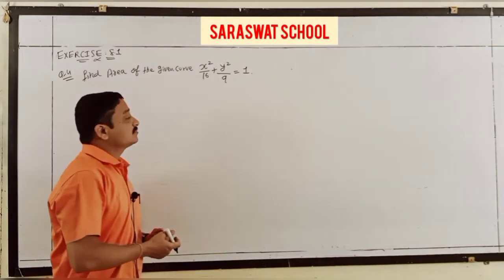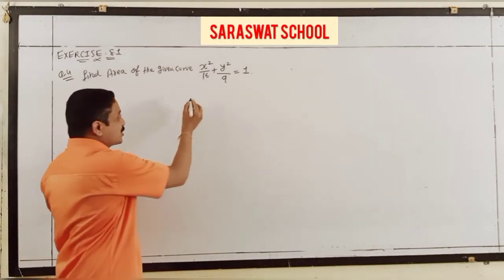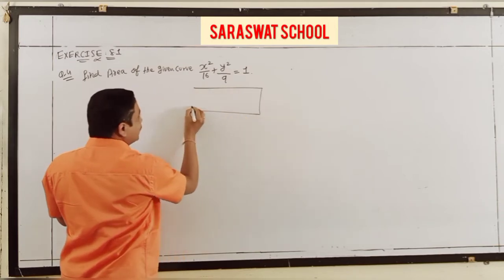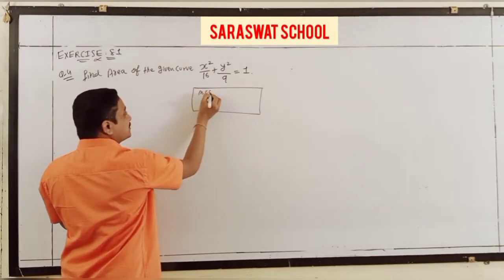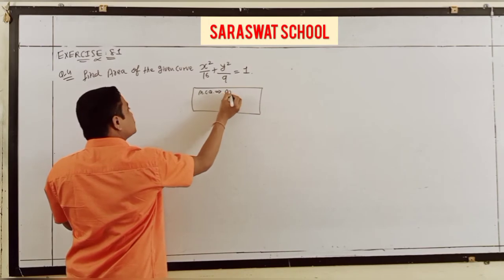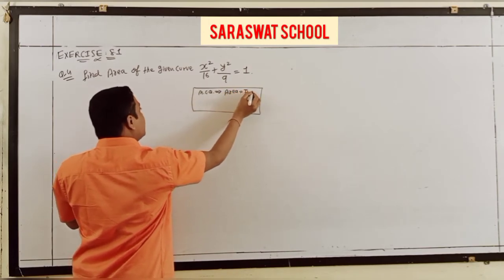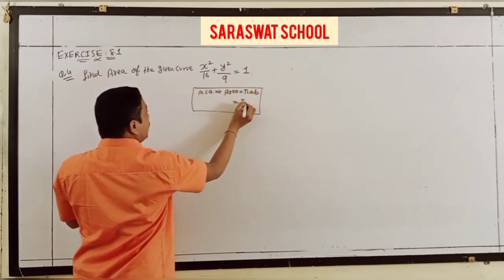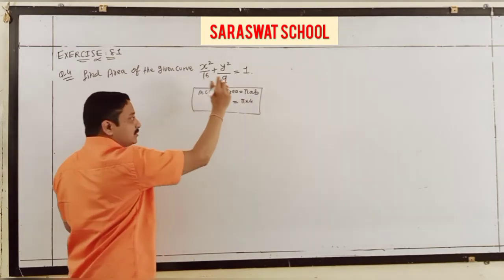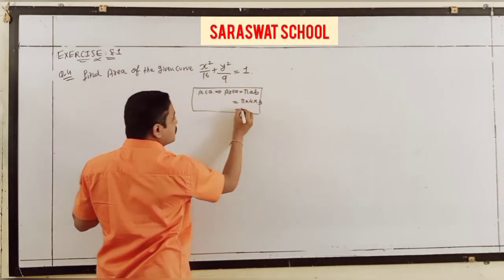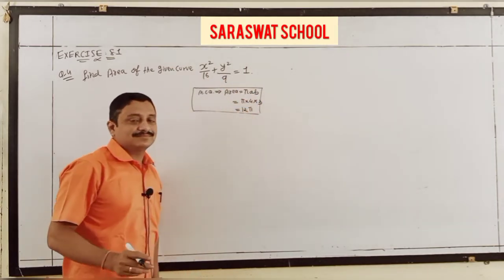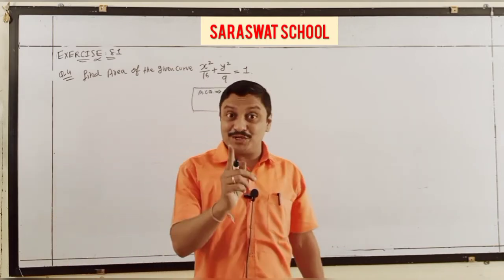Very easy. Ellipse. Students, is the shortcut formula known? What is the shortcut formula, MCQ wise? Area of ellipse is pi a b. A is the square root of 16, which is 4, and B is the square root of 9, which is 3. So 12 pi. Done, sir. But that is MCQ wise.